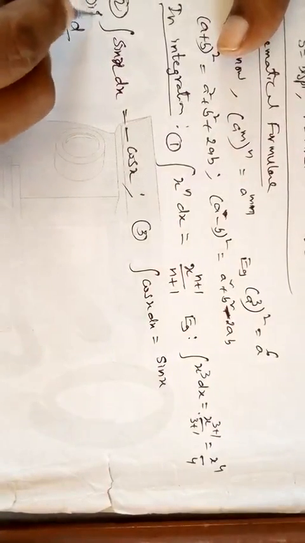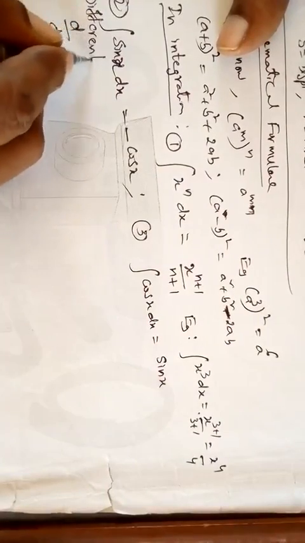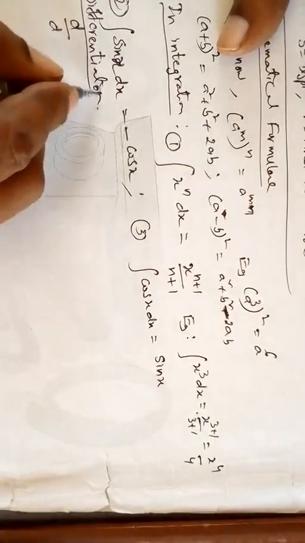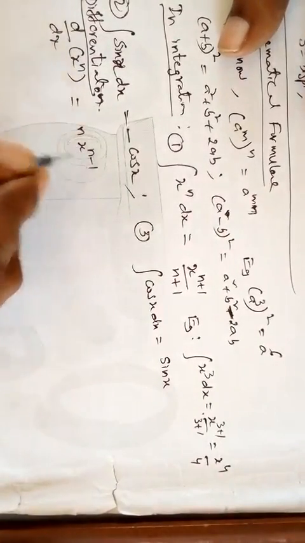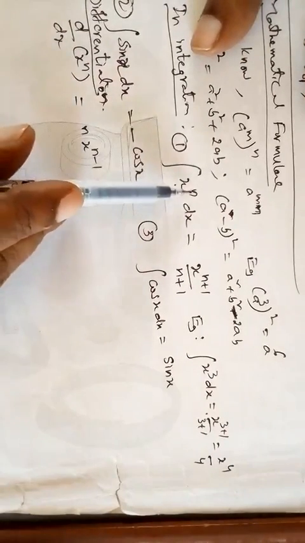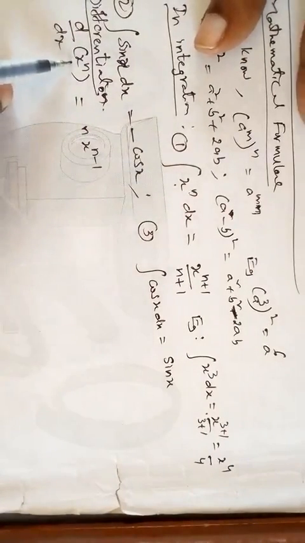Now the formulae in differentiation. What is the formula? d by dx of x raised to n is equal to n into x raised to n minus 1. Remember this formula. Here is the integration of x raised to n, and here the differentiation of x raised to n.